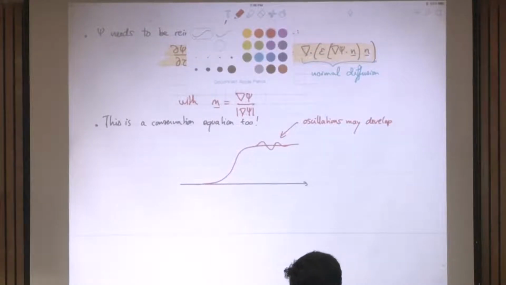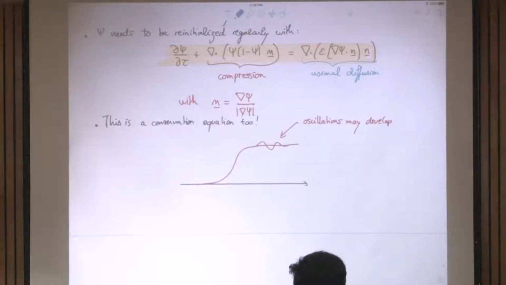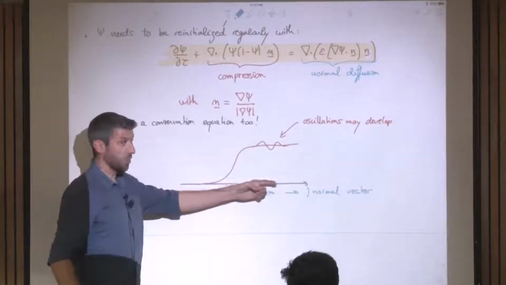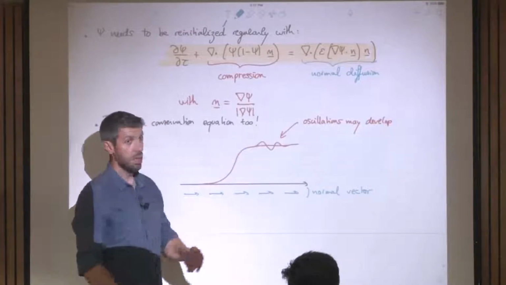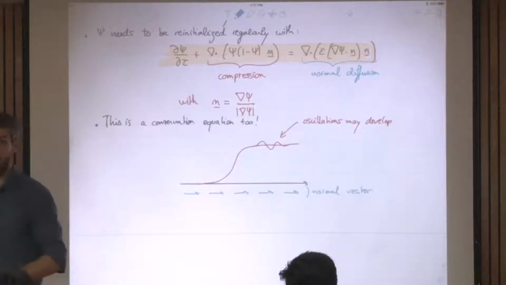What happens if oscillations develop? Well, in a perfect situation, my normal vector, in this case, would systematically be pointing from left to right. It's supposed to be the gradient of psi divided by the magnitude of the gradient of psi. My normal vector here needs to point towards the regions of higher psi. But as soon as I have an oscillation, my normal vector will flip direction.